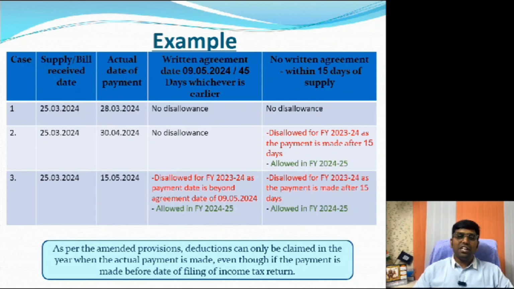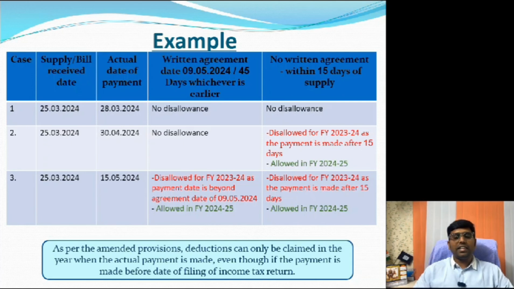If you have a look at the screen, in the first case, the supply or receipt date is 25/3/2024 and the date of payment is 28/3/2024, which is just 3 days from the date of receipt.